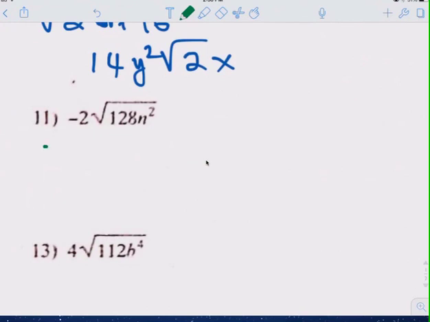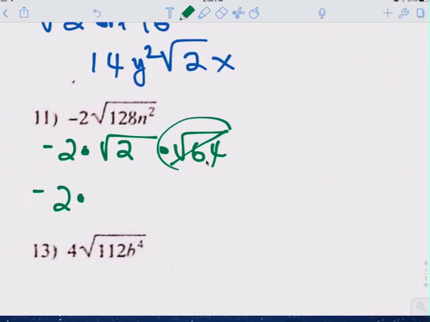So this is a negative 2 times the square root of 2 times the square root of 64, right? So this becomes an 8, so negative 2 times this answer, which is 8, right? And then the square root of 2, nothing we can do with that.